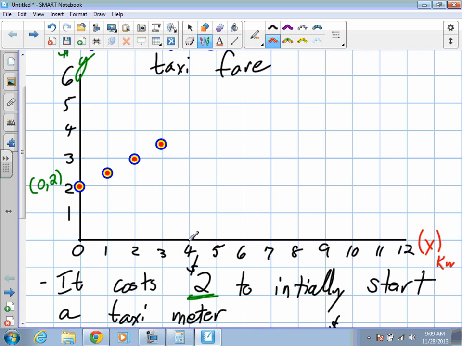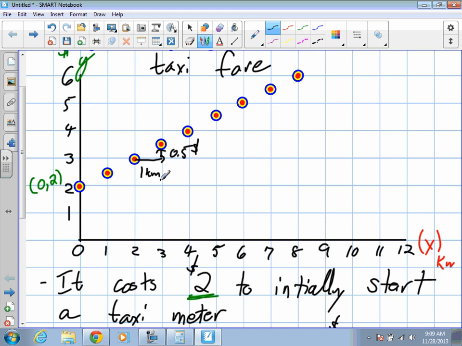So what type of relationship would you call this? Yeah, it's definitely positive, and it's a linear pattern, right? We're going up by the exact same amount every time. So for every 1 kilometer that we travel, how much is our cost increasing? Yeah, so I'm going to put $0.5. 50 cents is our increase for every kilometer.